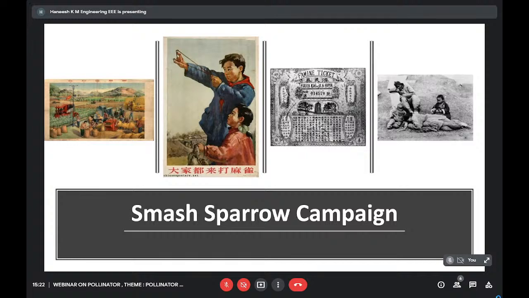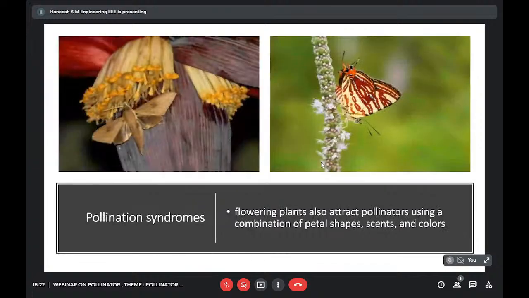Finally they reached famine, and they were distributing famine tickets to help people get food. That was the example from China in 1958, to highlight the importance of one element in the ecosystem.